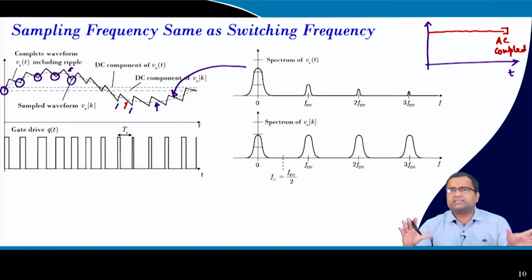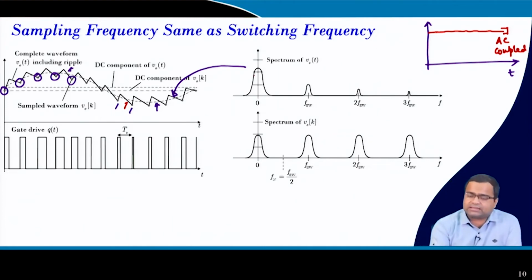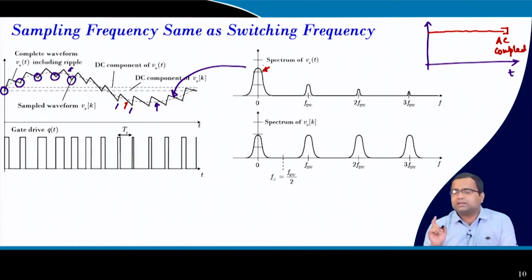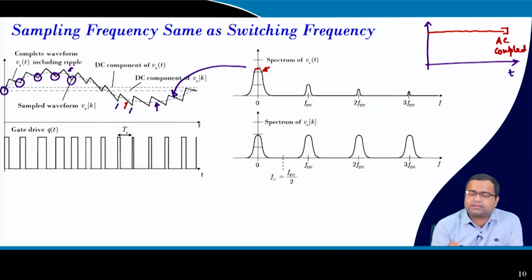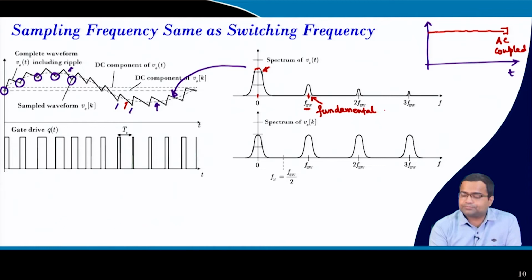So, you can imagine that the power contained in the AC coupled signals is much less compared to what is there in the DC component, which is primarily dominated by the average voltage or the DC voltage. Okay. So, you will get a high peak at the 0 component, then Fs, which is our switching frequency, that means this is my fundamental component corresponding to the switching frequency component.